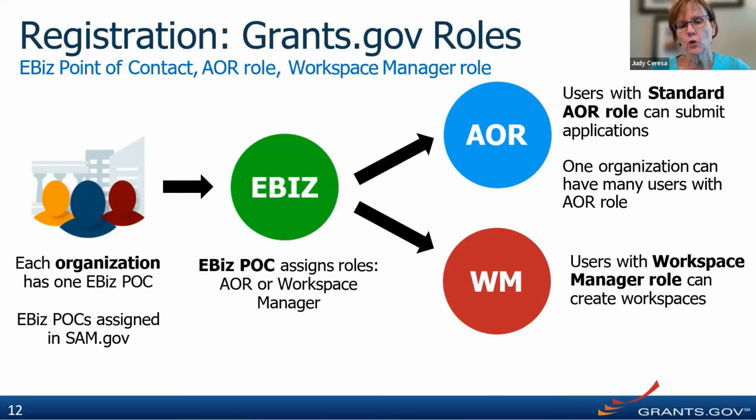Or again, if you set up the workspace, you can invite someone into the workspace that's just a participant that just has a Grants.gov account, but no real roles. They have access to the forms and they can fill those forms out. But they can't submit and they can't create a workspace.